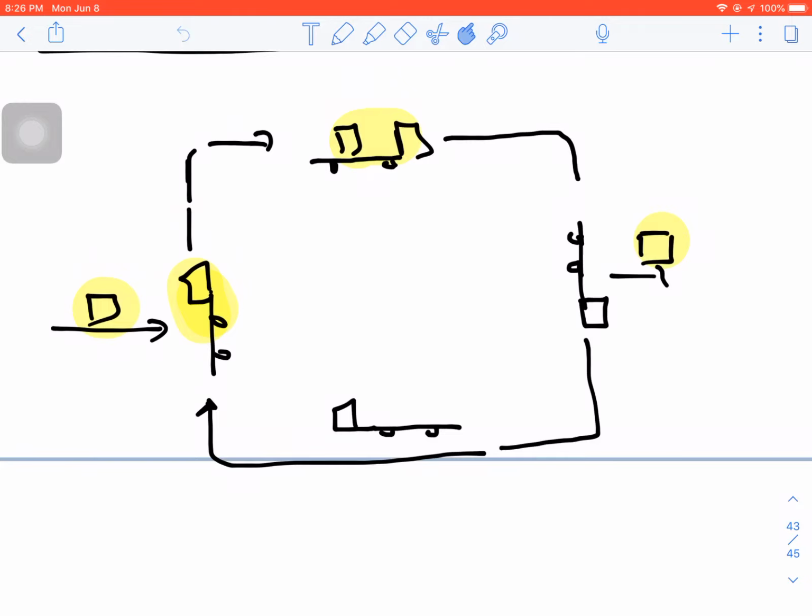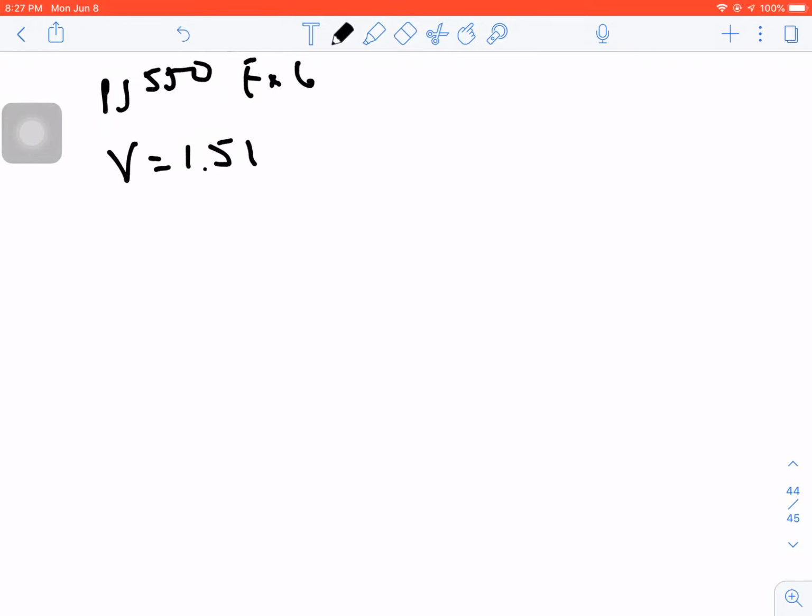All right, so this is example 6 on page 550. So we're told we have a 1.5 volt battery, and that it's going to run for 6 hours.